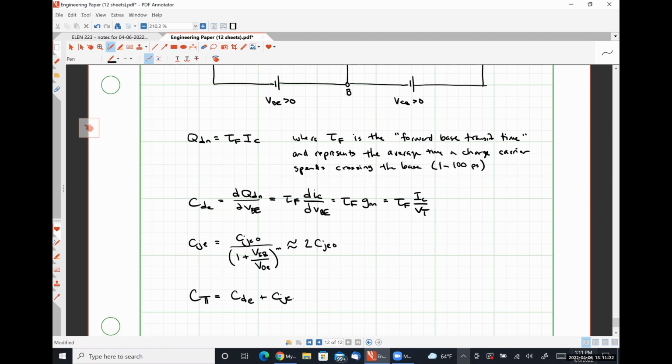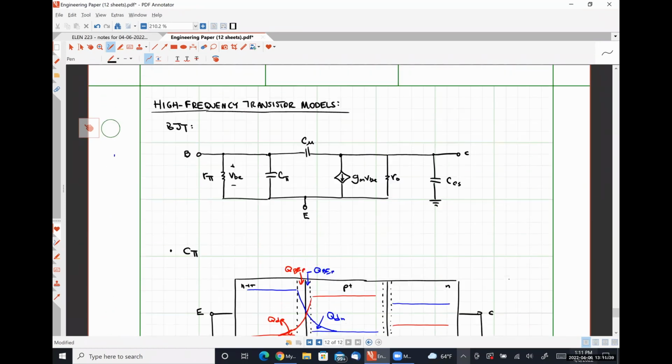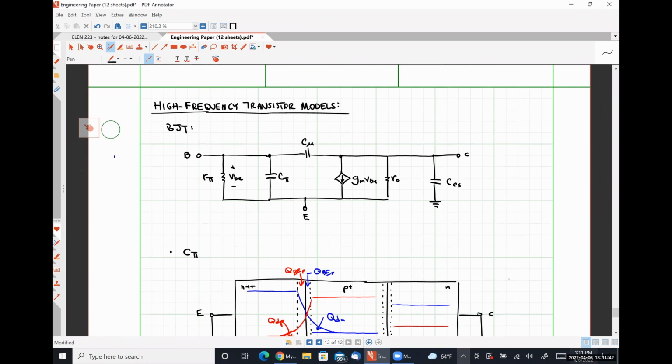So we lump those two together. If we look back at our original model, I hope we now have at least a rudimentary understanding of where this is coming from. This capacitance exists because we have charge storage in our base emitter junction under forward bias conditions. All right, now we're going to talk about C mu.